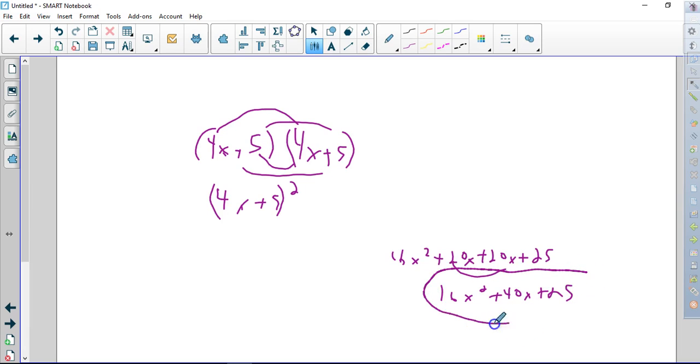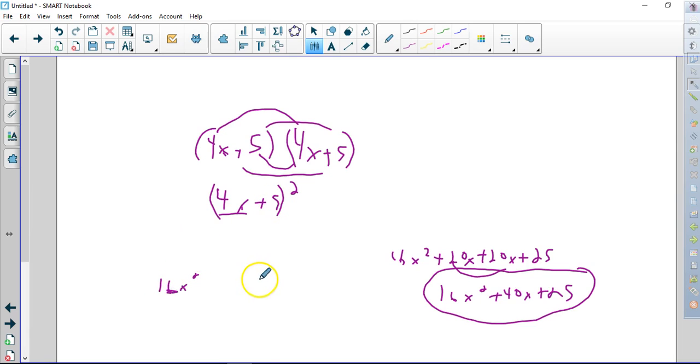This is called a perfect square trinomial, because you're squaring the same thing, and everything in here is perfect squares, well, at least on the first and the last. So watch what happens. Here's a shortcut. You can also just square the first term, 4x times 4x, you get 16x squared.